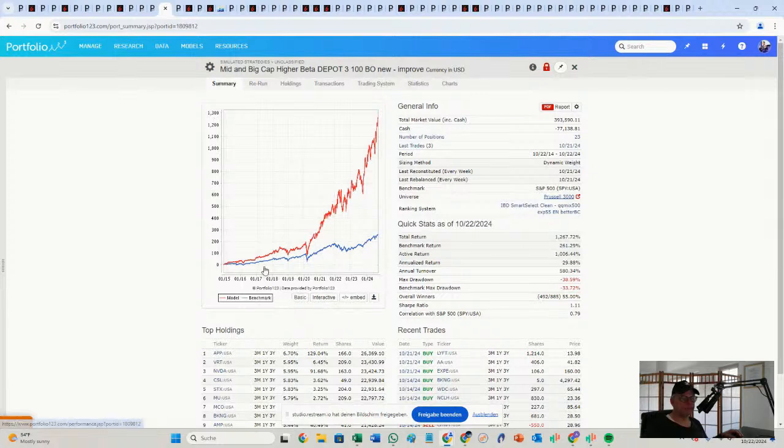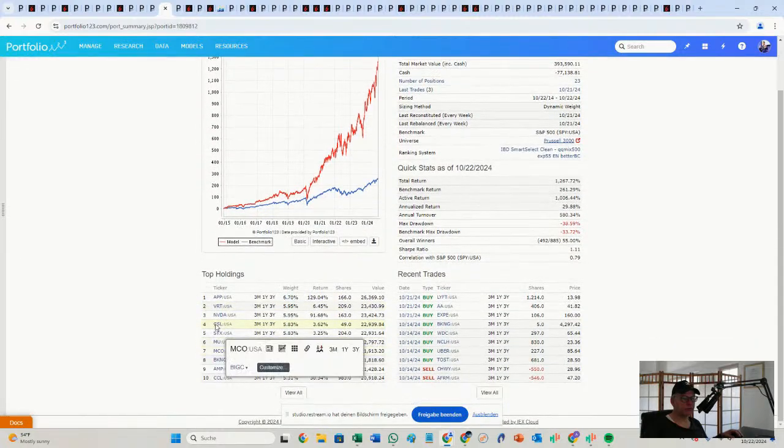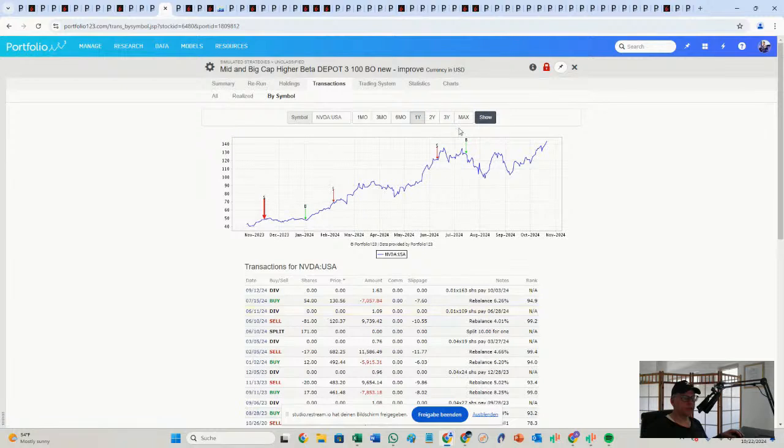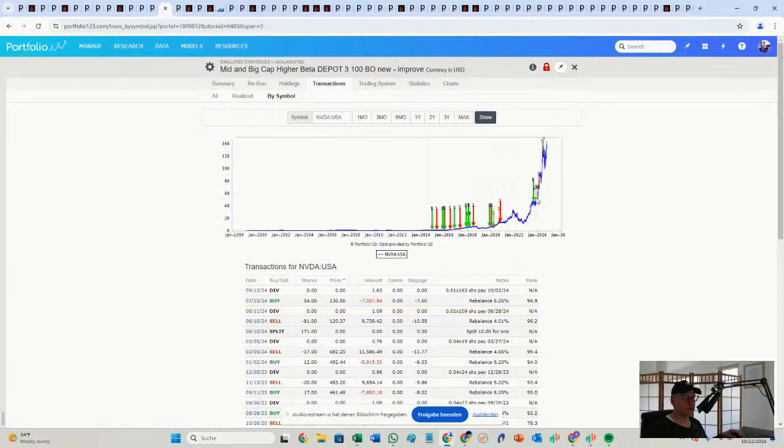And it looks exactly how I want it. High beta system that should be timed very well. And if you see what it bought, for example, it bought NVIDIA here, right? Max. There's some, obviously it waits for a lot of momentum.